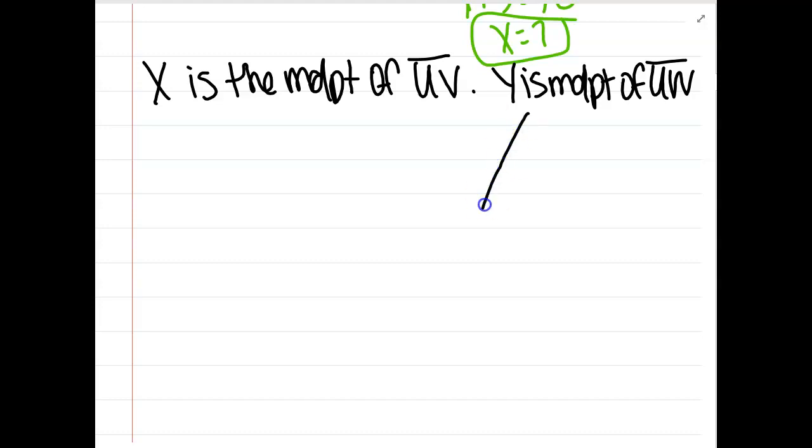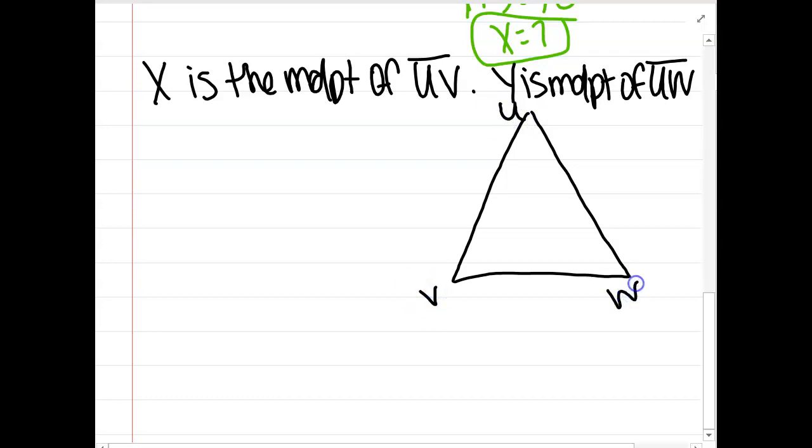And then of course we gotta have a nice little picture here. So my big triangle, the top is gonna be U, bottom left is V, bottom right is W, and then the line across is gonna be my X, Y.